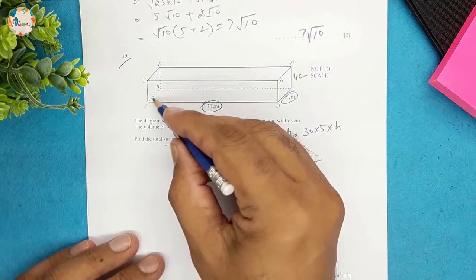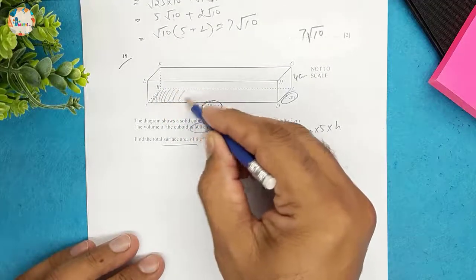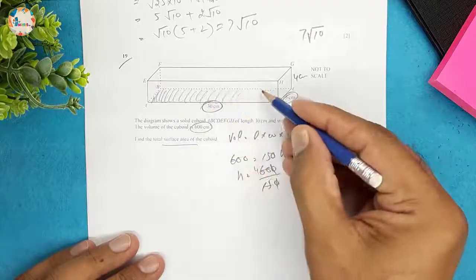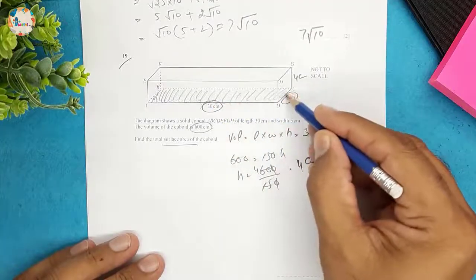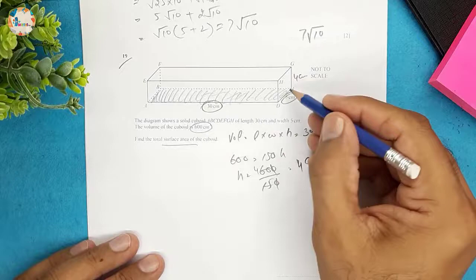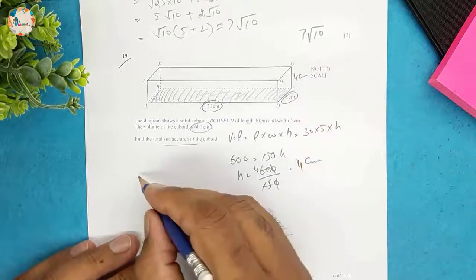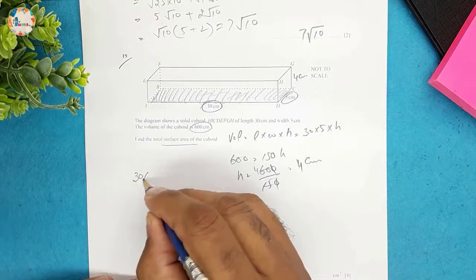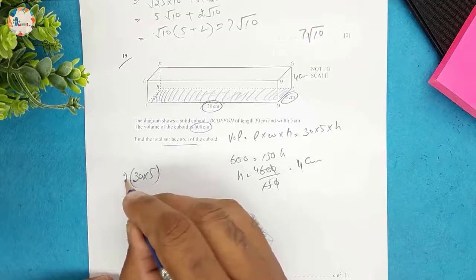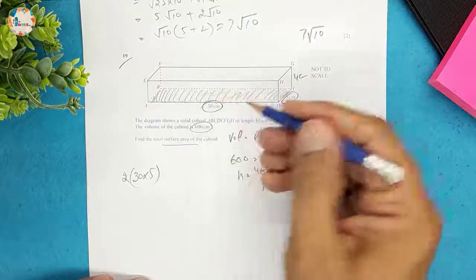First of all, we'll be finding the base area, which is this one, base area and top. So it will be 30 into 5, multiplied by 2, so top and bottom.